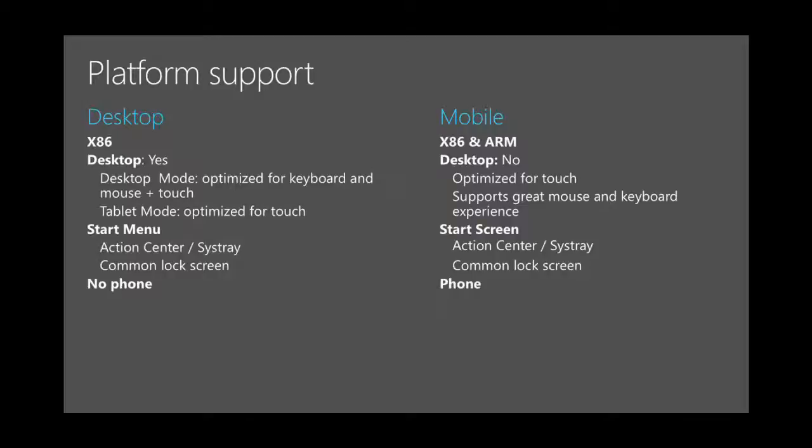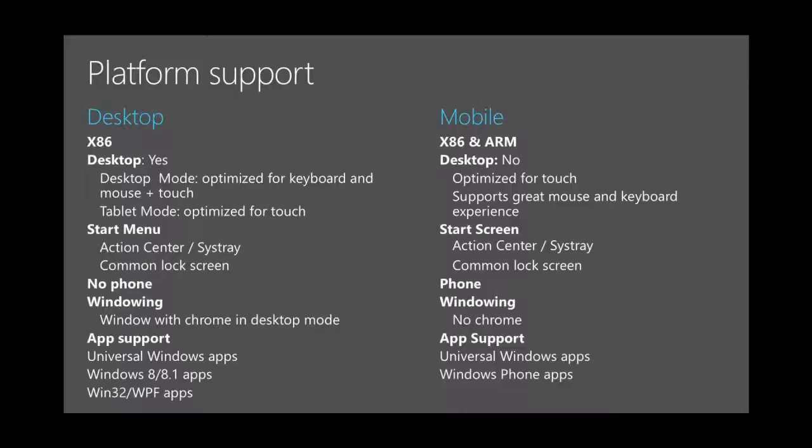We'll have a phone stack that supports making a phone call, basically, and all the SMS and those kind of things natively. And then from an app support perspective, both will support universal apps, and the mobile will continue to support the Windows Phone apps, while the desktop will continue to support the previous Windows 8.1 universal apps as well as Win32 apps. You won't have PowerShell on a mobile, those kind of things.